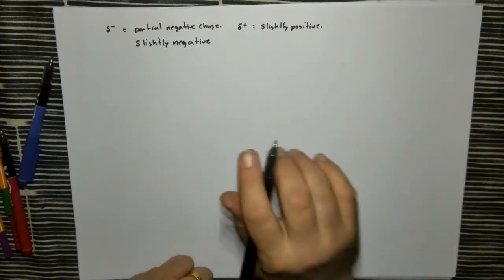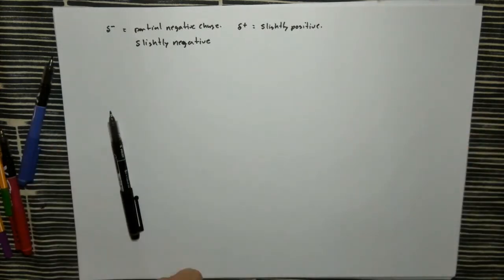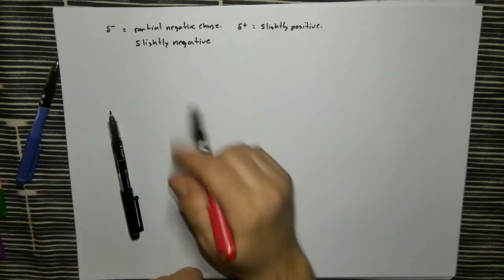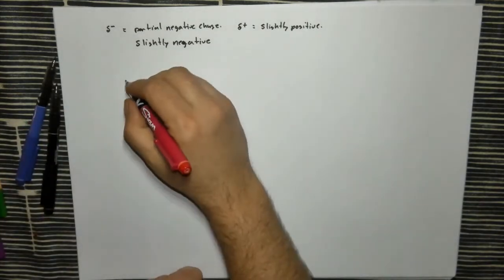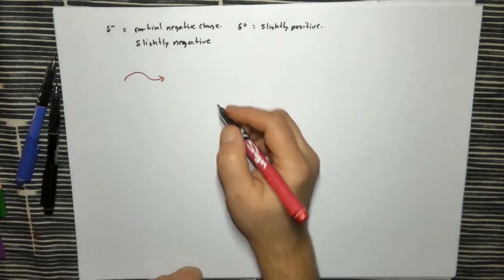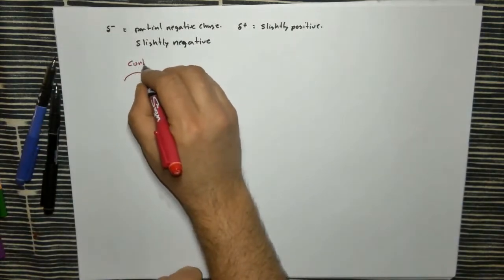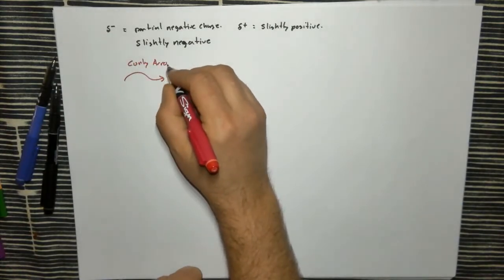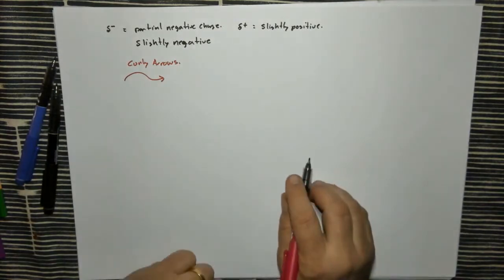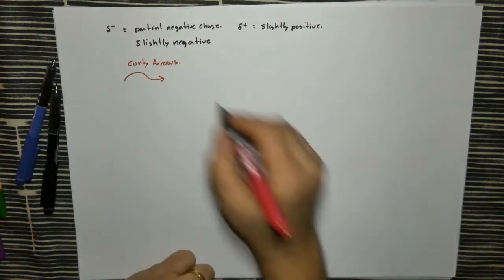The second thing that is common within organic chemistry is that we use arrows that we call curly arrows to show the movement of electrons.